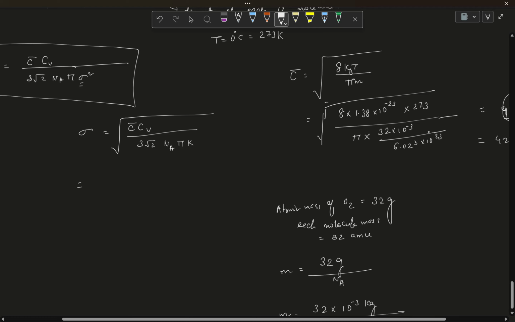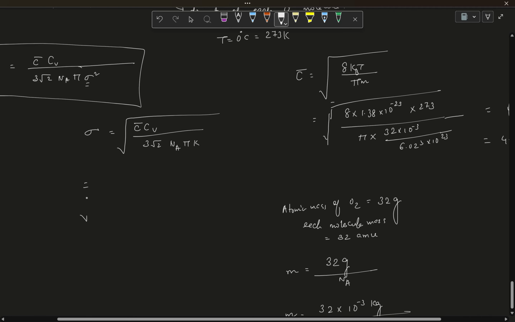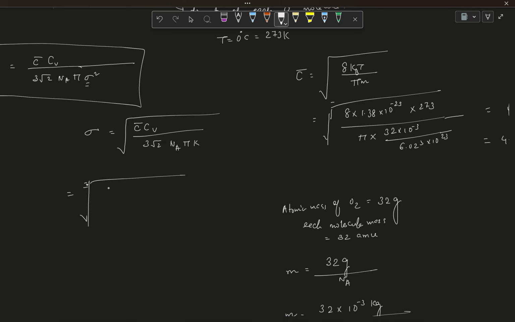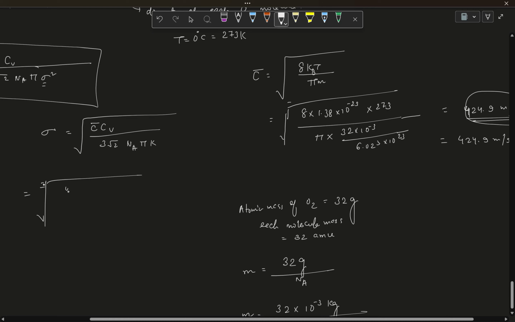So if that is already known, then you know the other terms, so we just directly put them from the question itself. So C bar is just 424.9.